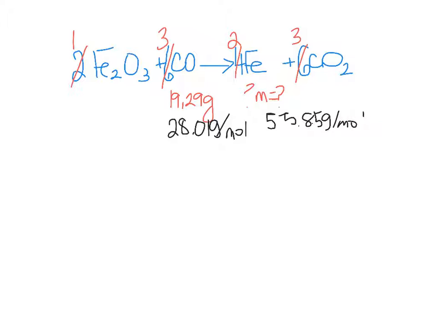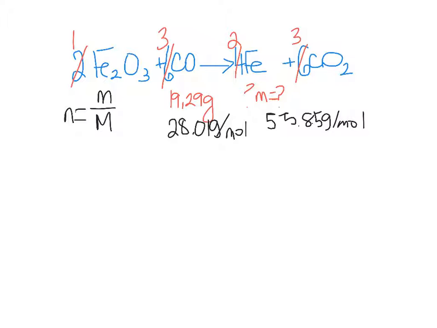Why do you think I listed the mass and then listed the molar mass underneath? Little n is equal to mass divided by molar mass. So this number divided by this number gives you moles.